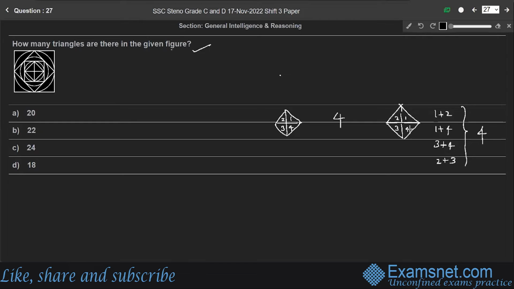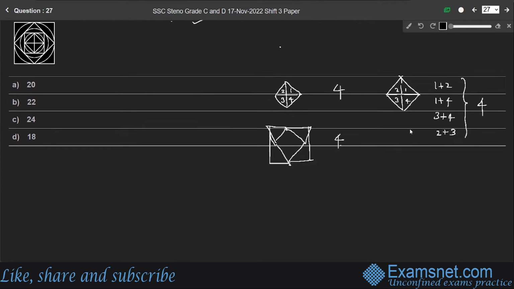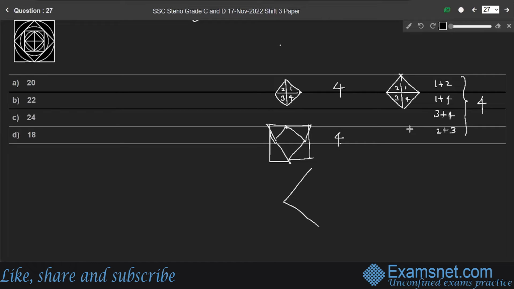In the next step, after considering the center part, we are considering 4 triangles at the corner: 1, 2, then 3 and 4. In the third step, we are considering the triangles formed here, which I am showing now: 4 triangles, 1, 2, 3, 4.